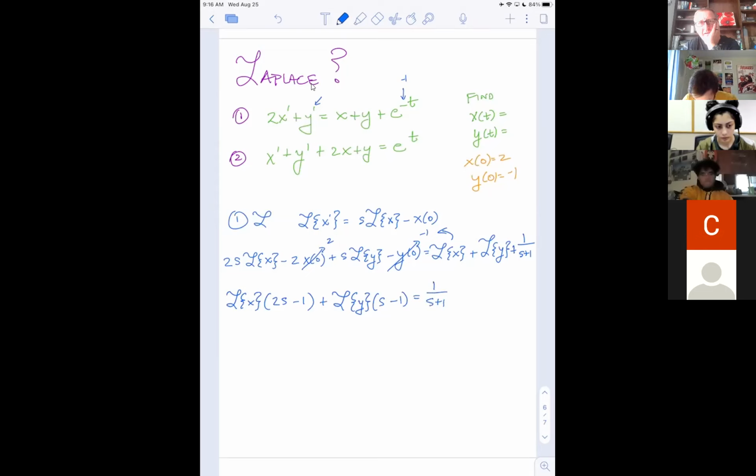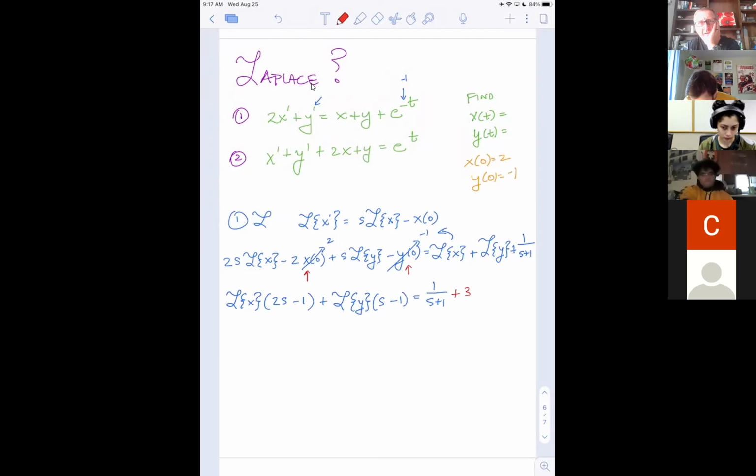And then I got these constants like this -4 right here, and this +1. So let's see, -4 plus 1, that'd be -3. Added to the other side, it'd be +3. Did I make any dumb mistakes there? Is that doable?